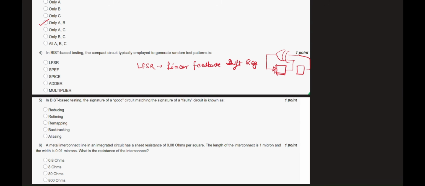In this way we are generating random patterns. There is no particular format with which it will generate. We can play around with the gates, and in this way we will be generating random test patterns. So this thing is called LFSR. You can refer to the lectures.